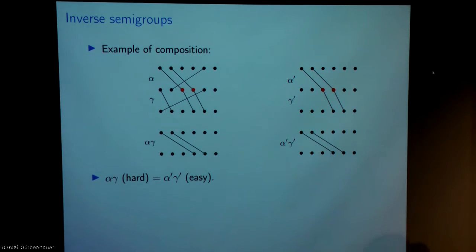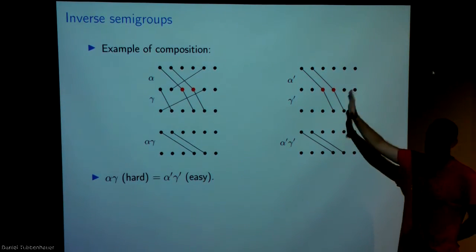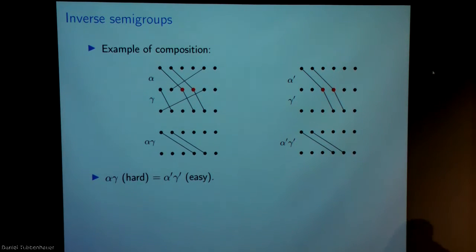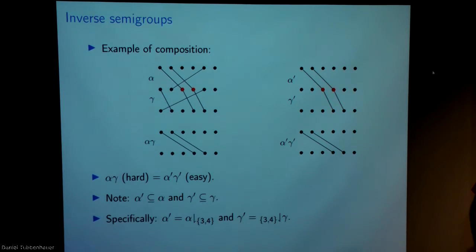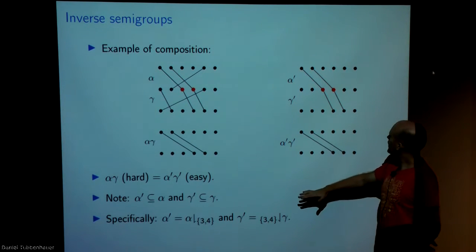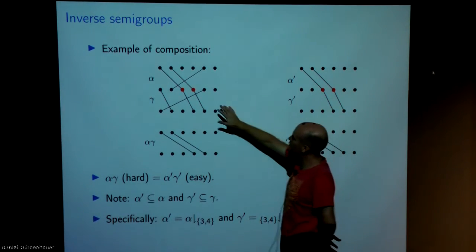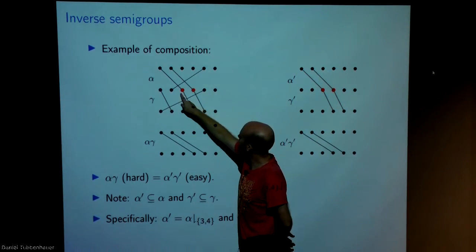So somehow we turned this composition on the left that I'm still calling hard, and replaced it with something that's easier, where we're just basically restricting the two maps. You can kind of think of this one, gamma dash, as just the restriction of gamma, this here.